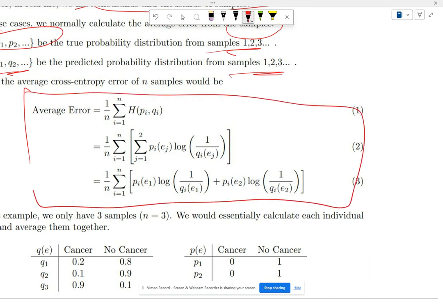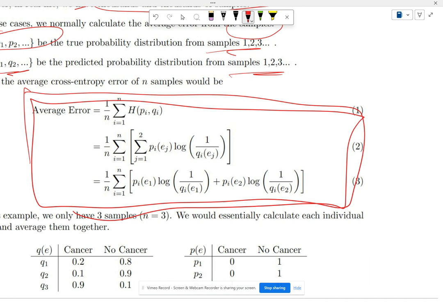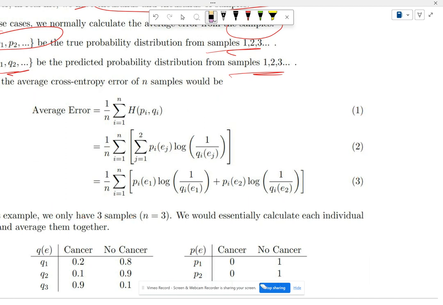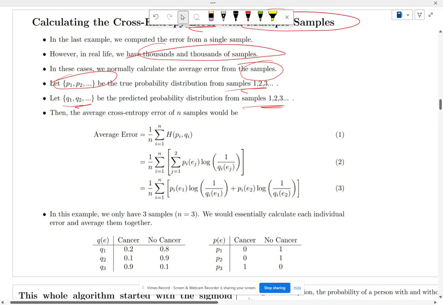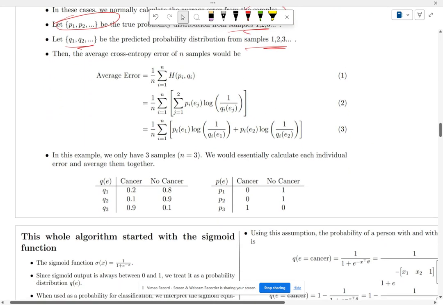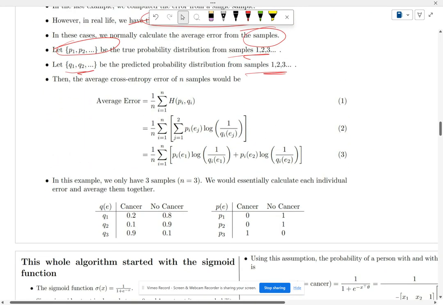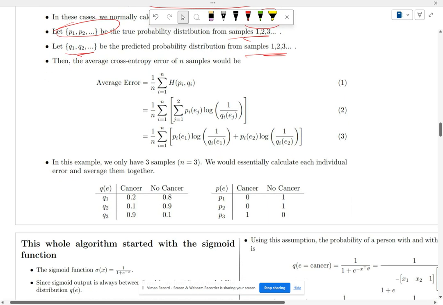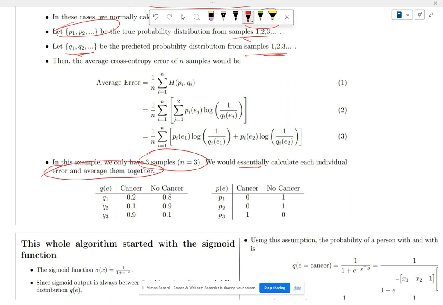This is the average error. This is actually the objective we would be using to minimize the error. We're trying to minimize this error. In this new example, we have three samples, and we will calculate each individual error and average them together. Remember, I was saying 1 to n. Here, n will be 3, so it will average them together.